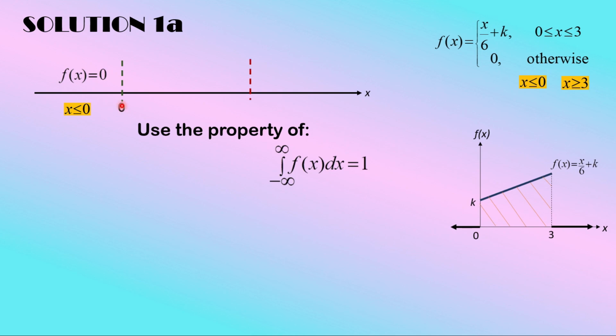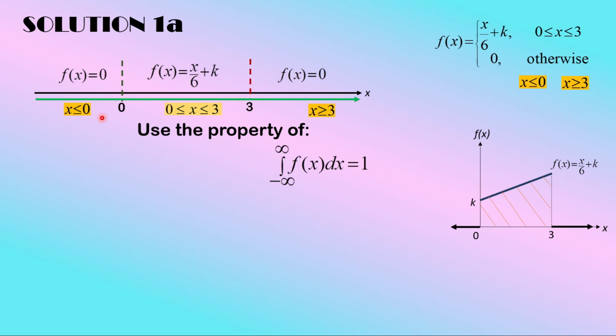The second interval, f(x) equals x over 6 plus k, is in the interval 0 to 3, and f(x) equals 0 in the interval x greater than or equal to 3. So this real number line covers from negative infinity to infinity.